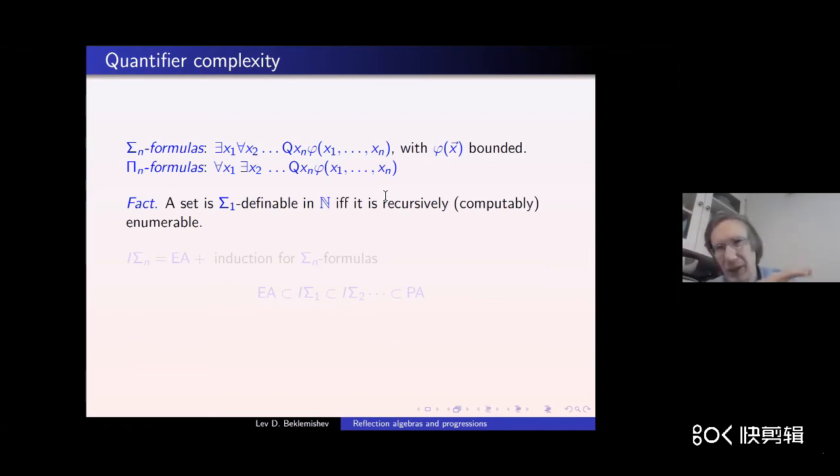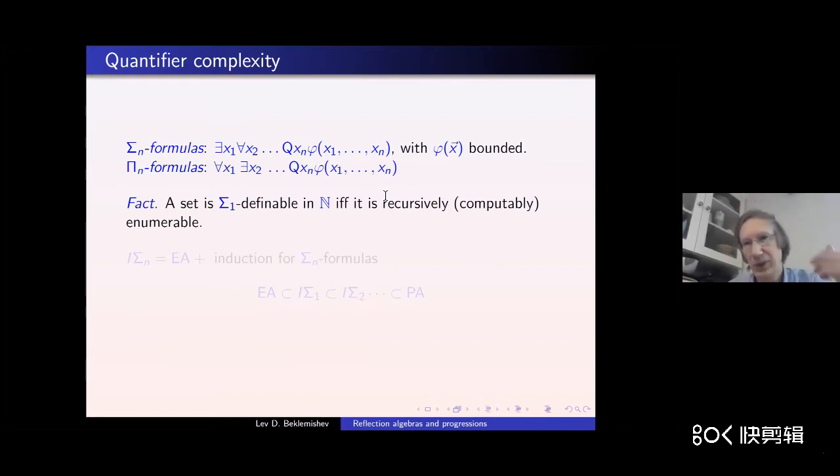And this is a very robust and important class of sets or predicates or functions. So are sigma 1 formulas. Sigma 1 formulas in the standard model are essentially programs to compute something.